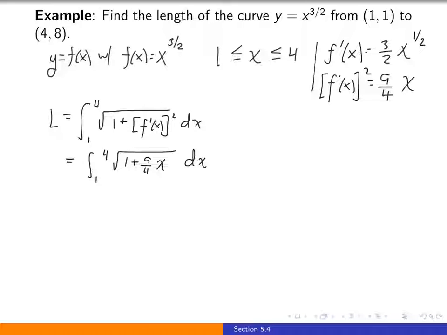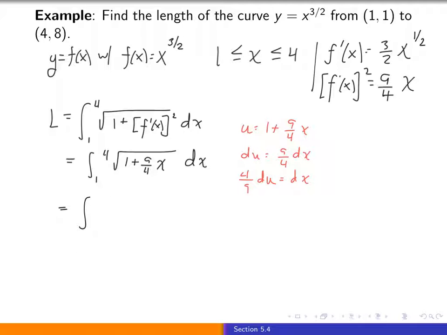What we see is this 1 plus 9/4 x inside the square root function. And if instead of having a 1 plus 9/4 x, we simply had square root u du, that would definitely be something we could evaluate. So I'm going to let u be 1 plus 9/4 x, so that du is 9/4 dx, and equivalently, if we multiply by 4/9, 4/9 du is dx.